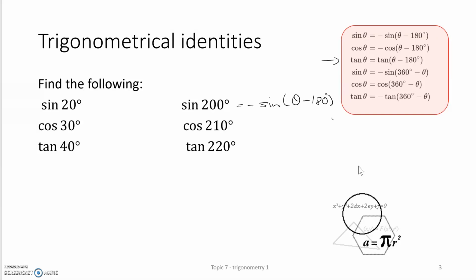So let's do the working over here. That's equal to negative sine of 200 minus 180, which equals negative sine 20.